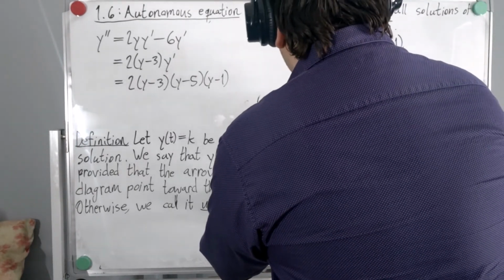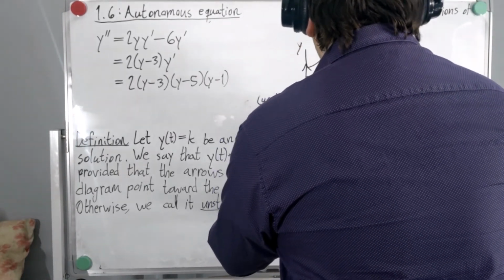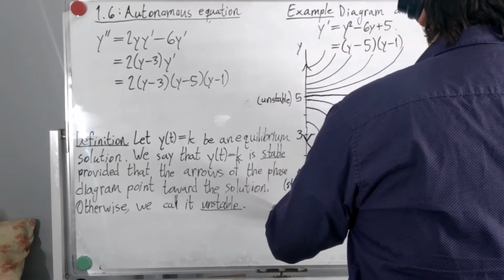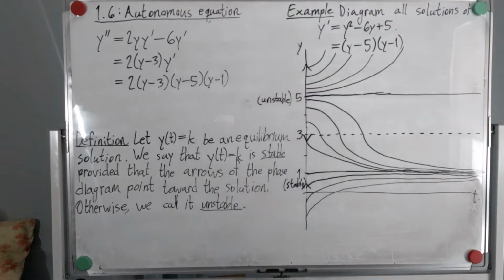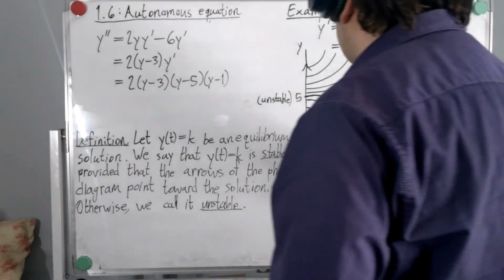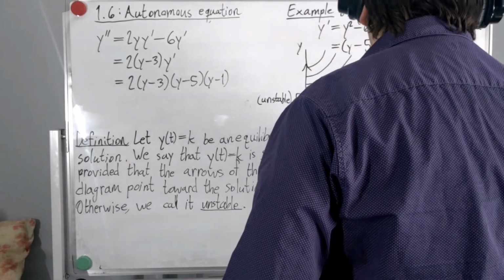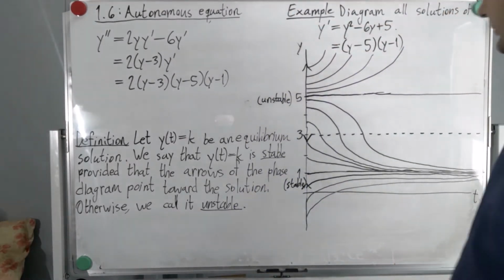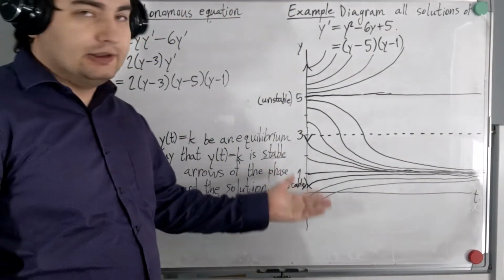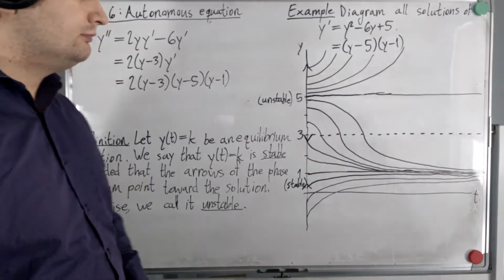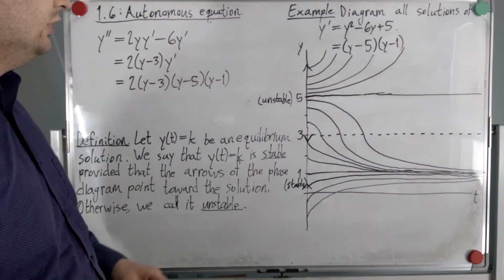Oh, no problem. That just has to be concave up for all values of t. All positive values of t, I should say. And so the solution curves look kind of like this.